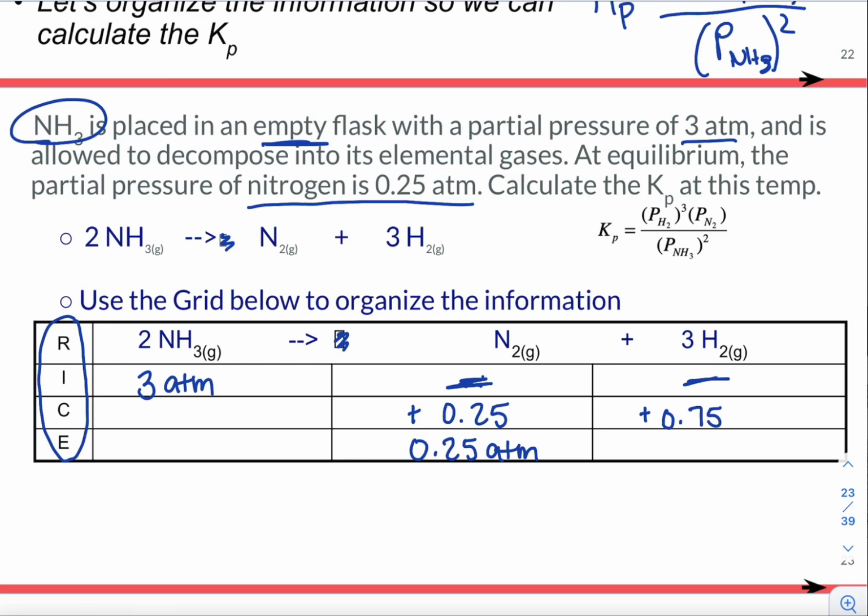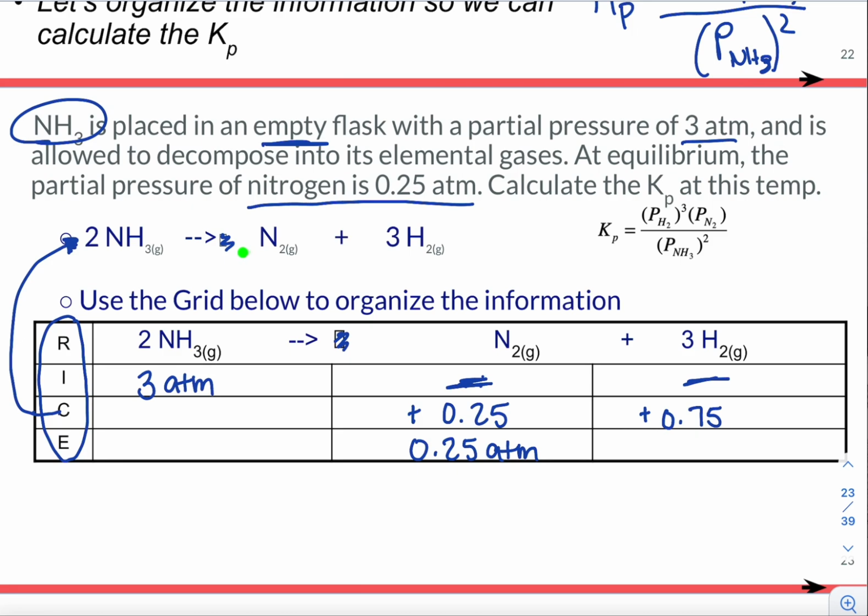So all on the change line, you need to be using the reaction. That's where the change line comes from, okay? You have to kind of figure out all your other stuff, but then the change line comes right from the reaction. So let's take a look at N2 and NH3. In our reaction, for every one N2, you use up 2 NH3s.